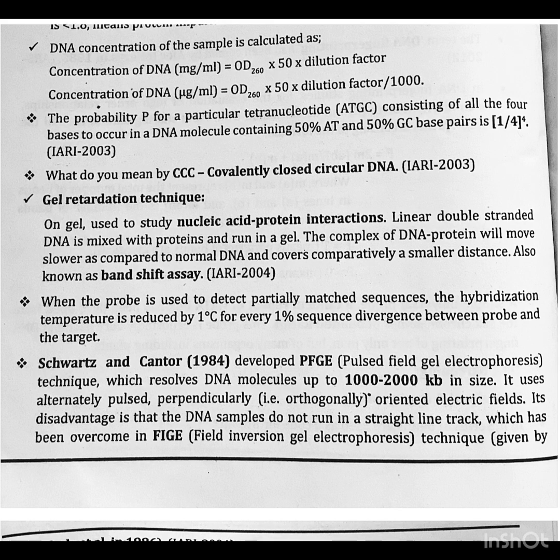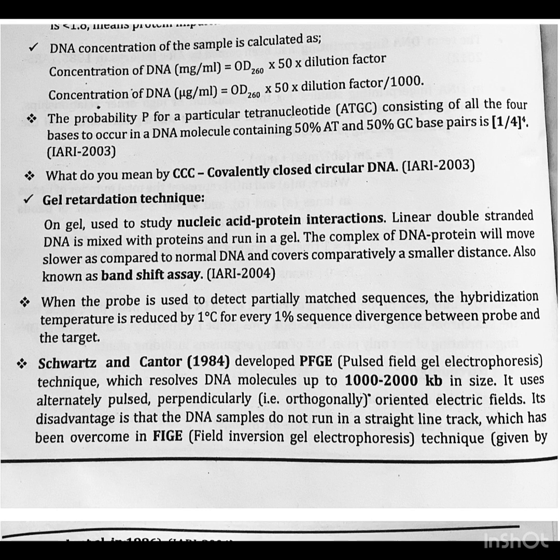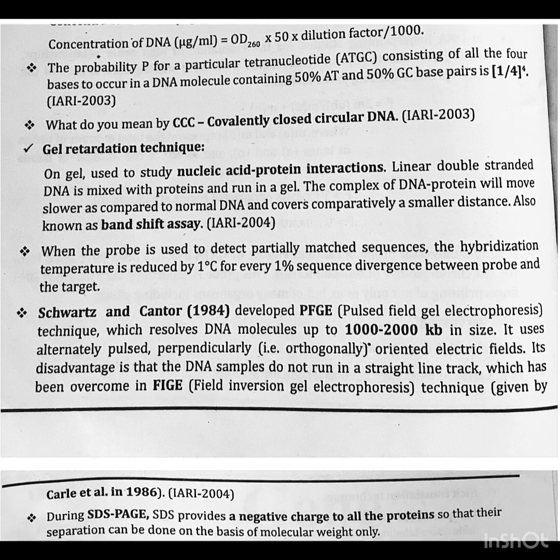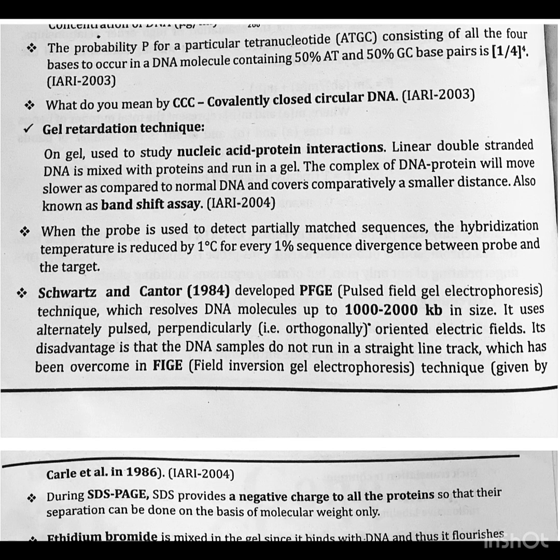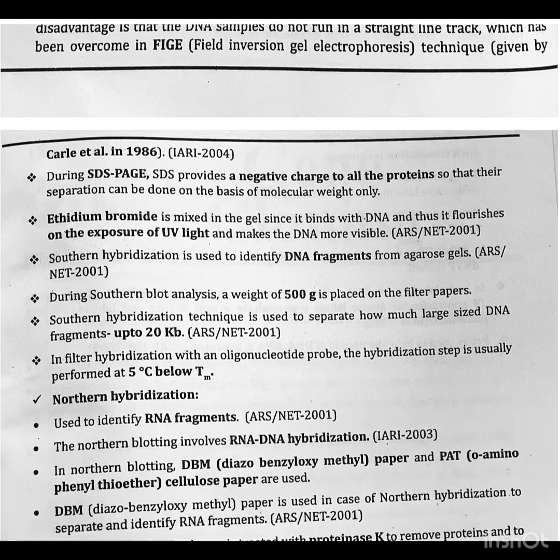It uses alternately pulsed, perpendicularly or orthogonally oriented electric fields. Its disadvantage is that DNA samples do not run in a straight line track, which has been overcome in field inversion gel electrophoresis technique given by Carle et al. in 1986. Question asked in the IARI 2004.